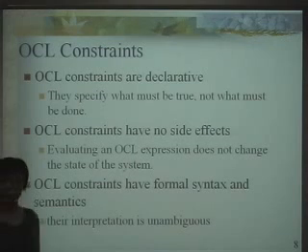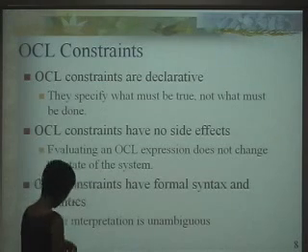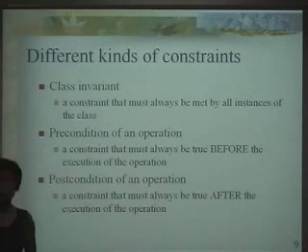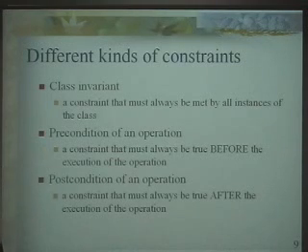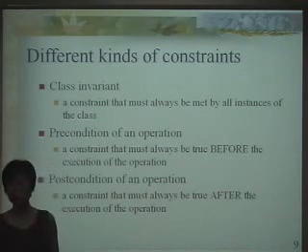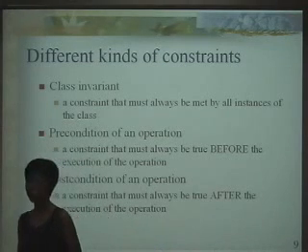All right. Okay, ready to go to the syntax itself. So I'm going to show you. There are three classes of constraints. The first is an invariant. An invariant means that for all instances of this particular class, this particular constraint must be true.